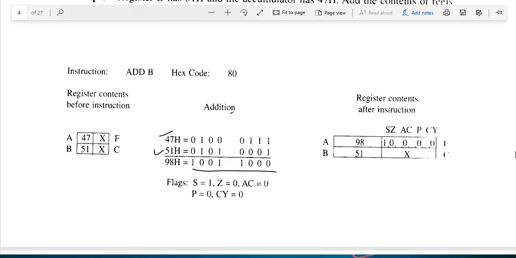D7 equals 1, that's why sign flag equals 1. There is no 0 in the result, so zero flag equals 0. There is no carry from D3 to D4, so auxiliary flag equals 0. The number of 1s in the result is odd, that's why parity flag equals 0. There is no carry from the D7 bit, that's why carry flag is 0.